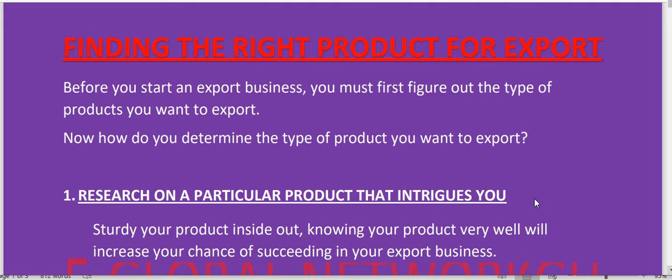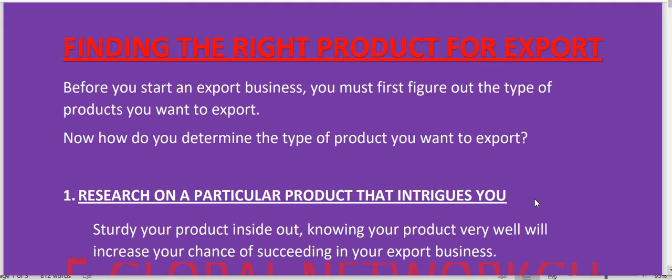Now, before you start an export business, you must first figure out the type of product you want to export. You have to know which product you are going in for, the kind of product you want to start with, and the particular niche that you want to focus on.